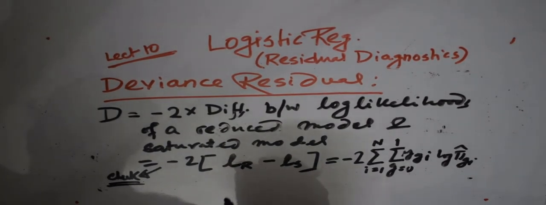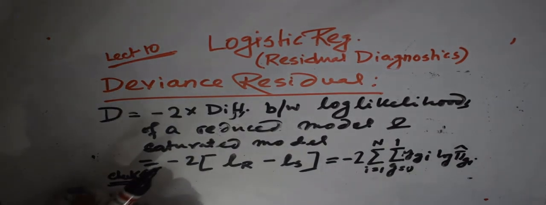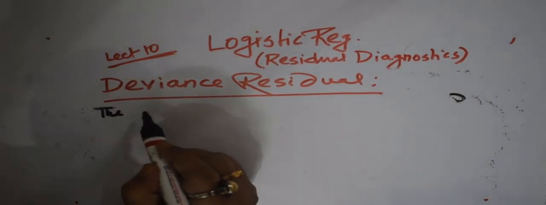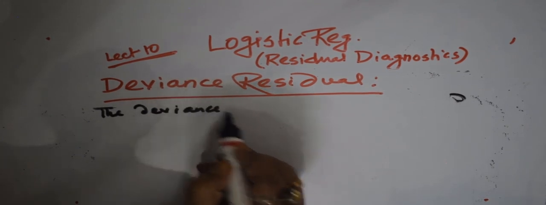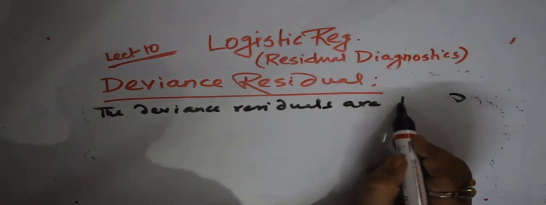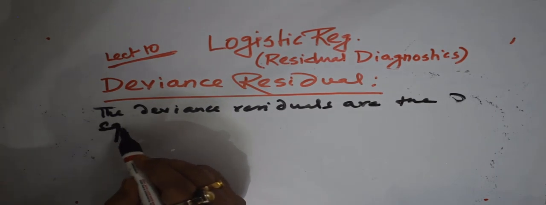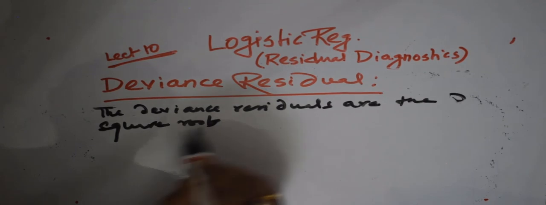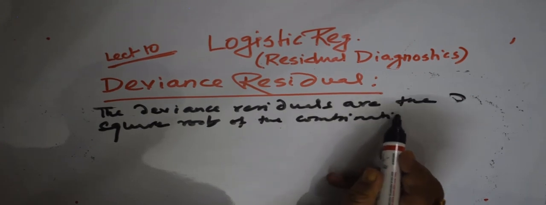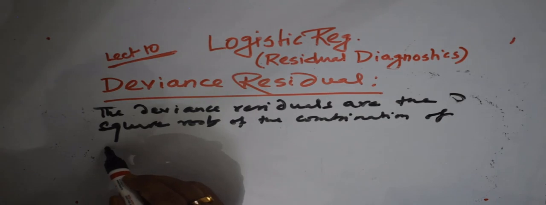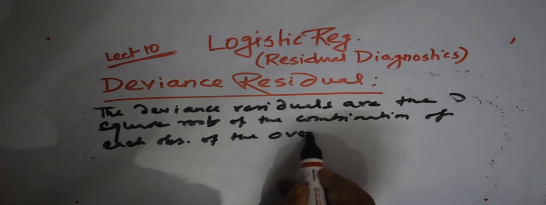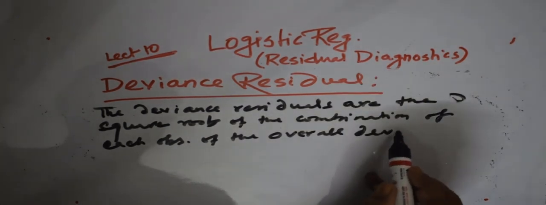So the deviance residuals are the square roots of the contribution of each observation to the overall deviance.